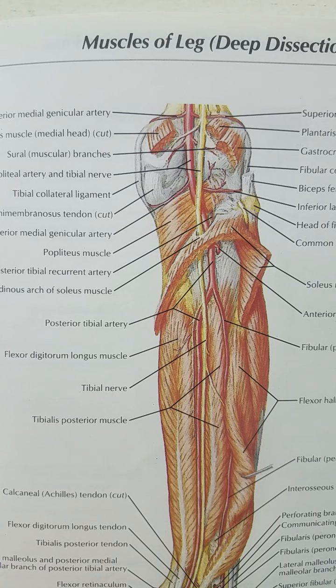So in this case, the femur will stay in a fixed position, and since the foot is off the ground, the tibia can move around, and the popliteus would then aid the semimembranosus and the semitendinosus in the medial rotation of the tibia. In addition to that, the popliteus is also responsible for very, very weak flexion of the knee joint.